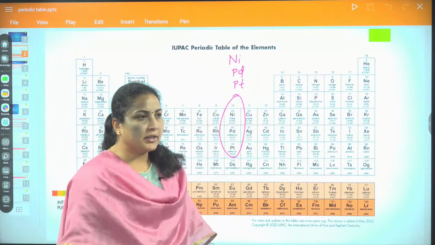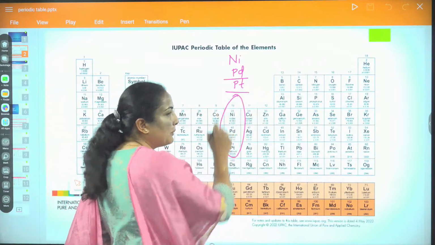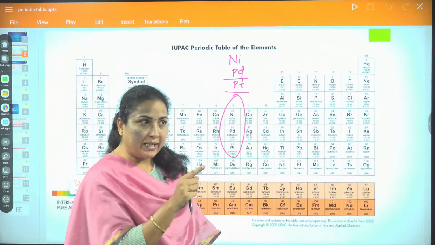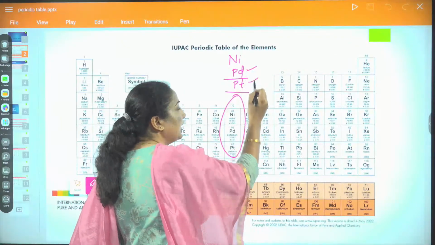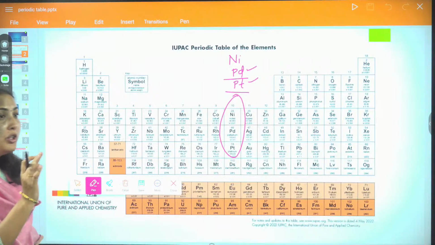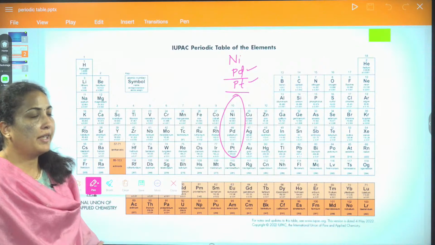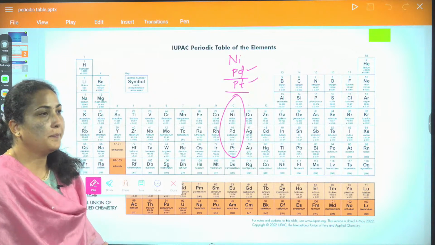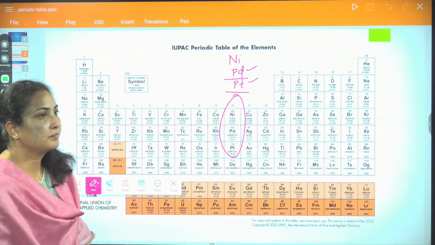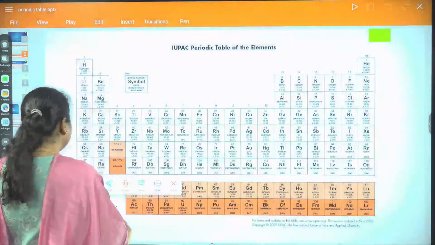N comes earlier in the alphabetic order. So that's the reason nickel first. After that, palladium, platinum, P is same. Then it will be decided by the next letter, which is D and T. So did you get your answer? And do you need to remember any mnemonic here? You need not. Getting it? Hopefully this is clear to all of you.